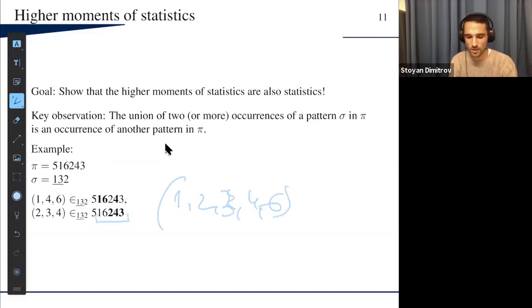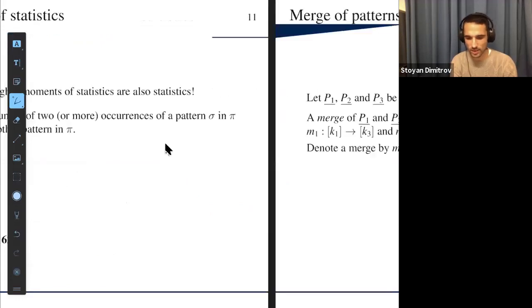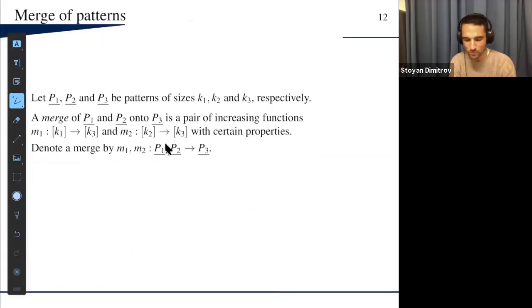So I can see that this subsequence is an occurrence of another pattern. And this is it. In fact, what I want to show is that for any pair of occurrences, I have another occurrence of another pattern that is uniquely defined. But let me formalize this.